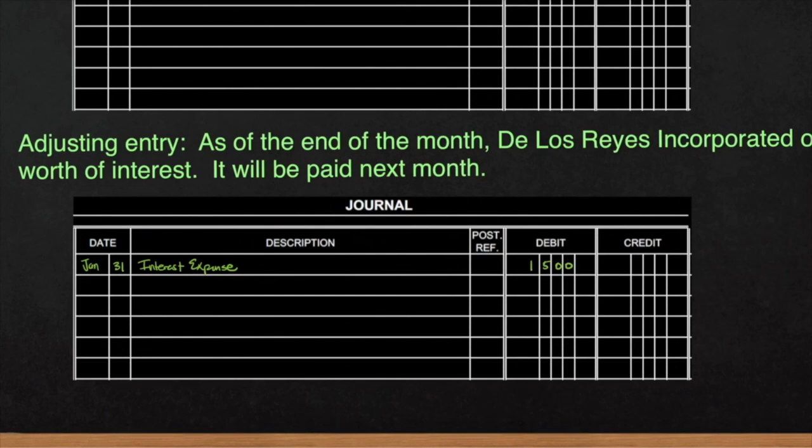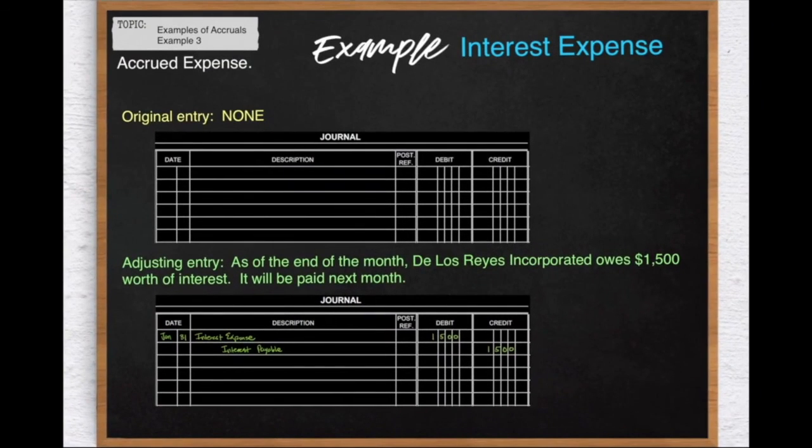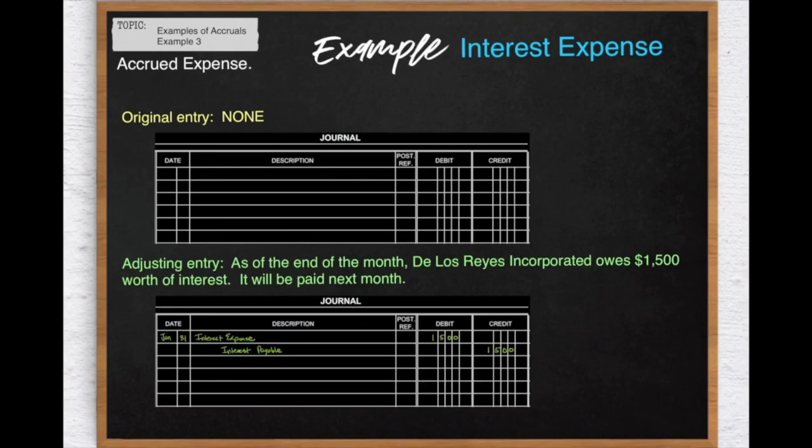And because the business has not paid it yet, it's going to be a payable because they owe that amount. So interest payable of $1,500. It's very similar to the utilities adjustment. You debit an expense and you credit a liability. In this case, it's debit interest expense and credit interest payable because the company still owes that and is planning to pay it next month in February and not in January.